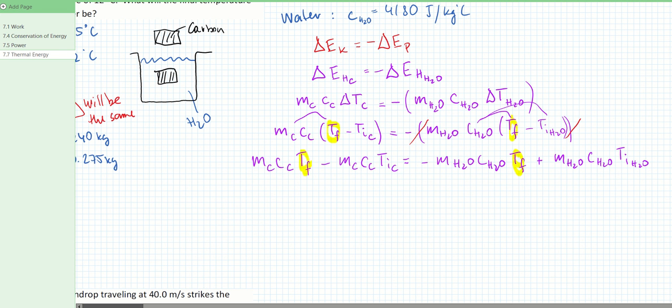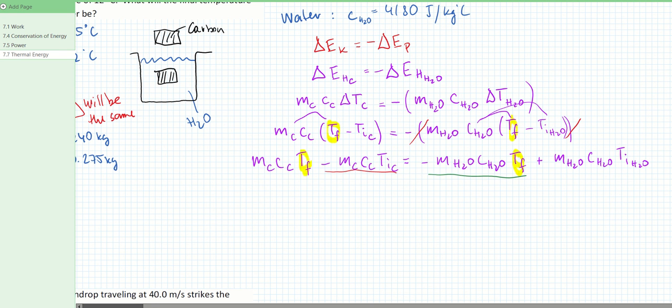Now the reason we have to expand is because we need to put all the T finals together in order to solve for it. So you can move the terms with T final to one side, move the other term to the other side. So I'm going to move this guy here to the left, and I will move this term to the right.